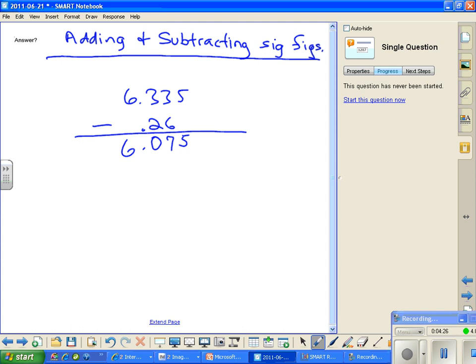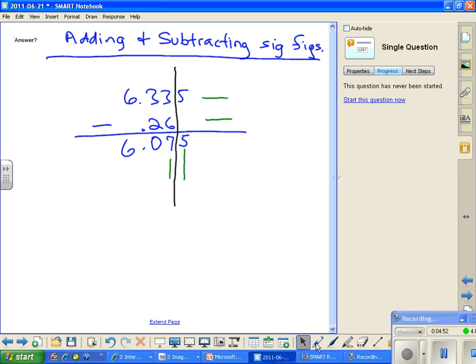This becomes my starting point to figure out my sig figs now. Do I see a number in both rows? No. Okay, so I have to go to the next one. Now do I see a number in both rows? I do. So what we do is we draw the line.